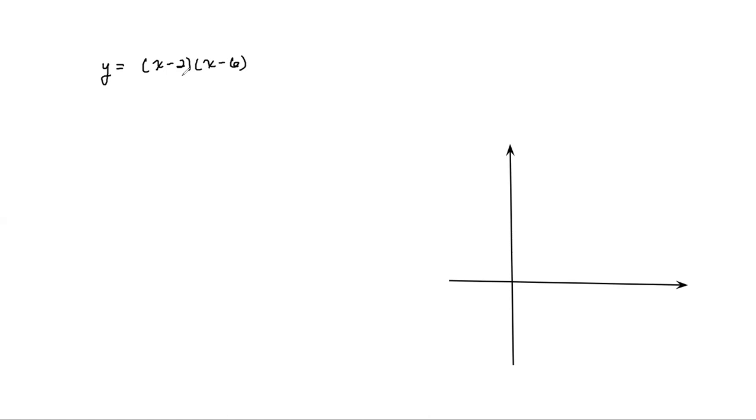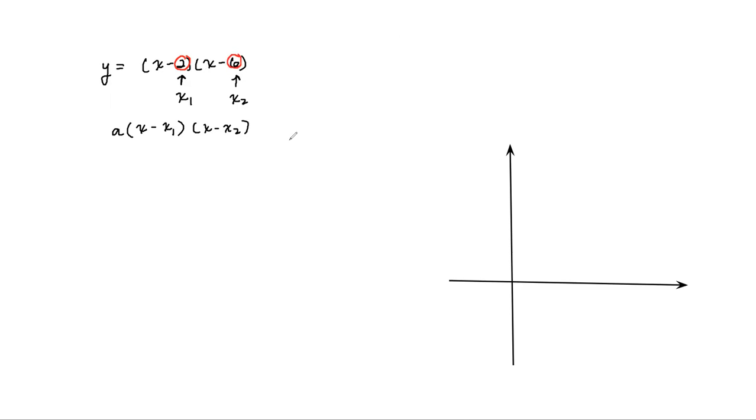So this means that here I have x1 and here I have x2. So in other words, the factored form tells me I have a x minus x1, x minus x2, which means that anything that comes after this minus is the value of x1. So in this case, what comes after the minus is the 2 and the 6.